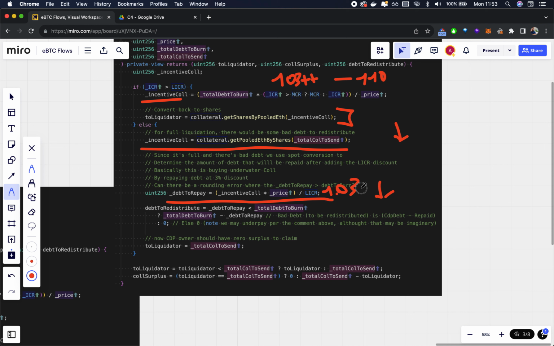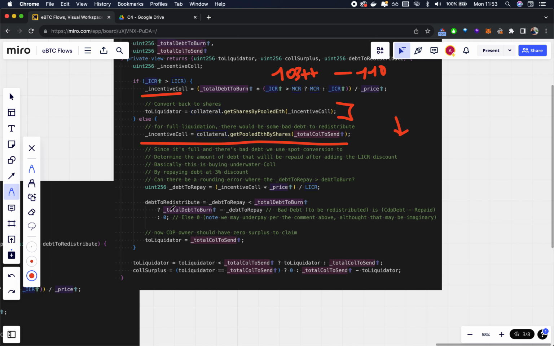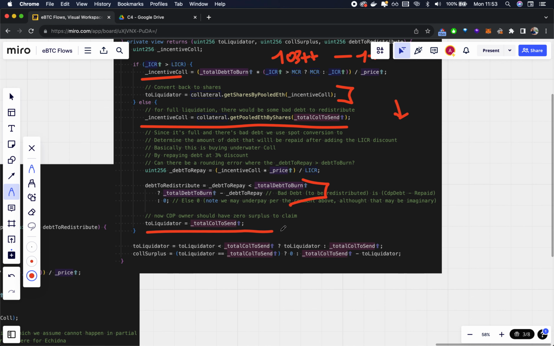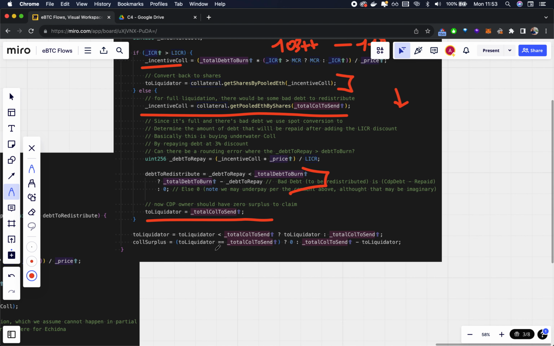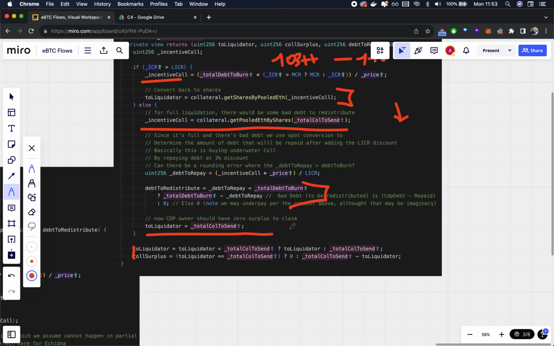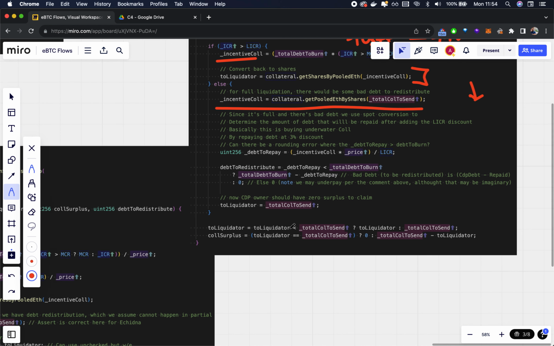So it's 1.03 E18. But ultimately, that's what's happening. And so due to that, we know some debt will be left, and that's the debt to redistribute. And lastly, we have the two liquidator equal to total collateral to send, where again, we want to cap it to avoid any weirdness. But ultimately, that's really what we're doing, is just two scenarios.